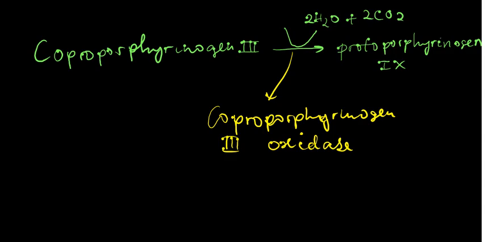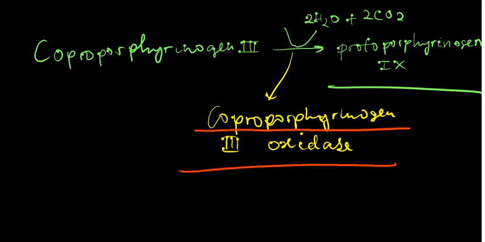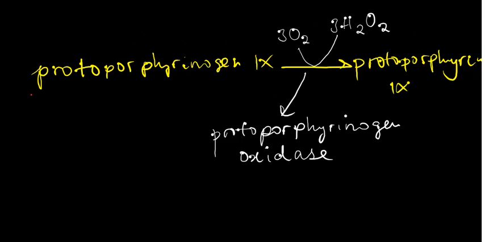When it gets oxidized, it's converted to protoporphyrinogen 9, which is this chemical element right here. And the enzyme that is involved is this one that was earlier mentioned, porphyrin 3 oxidase. All right, so we're almost getting close to finishing.